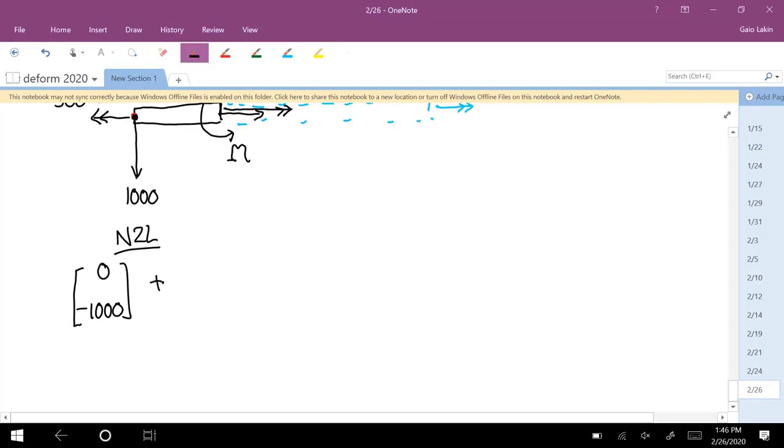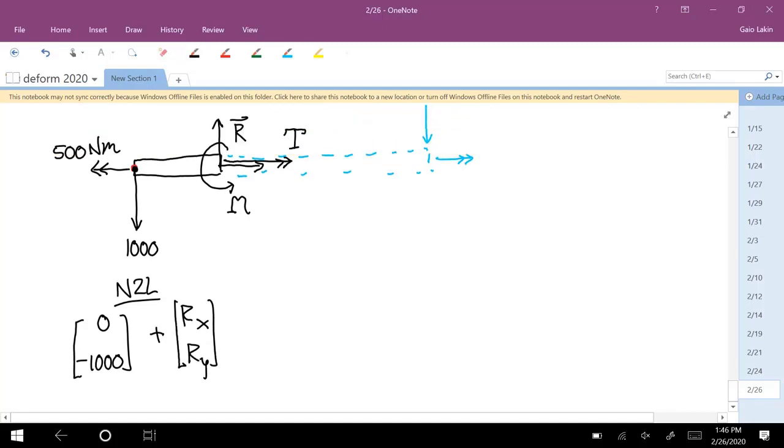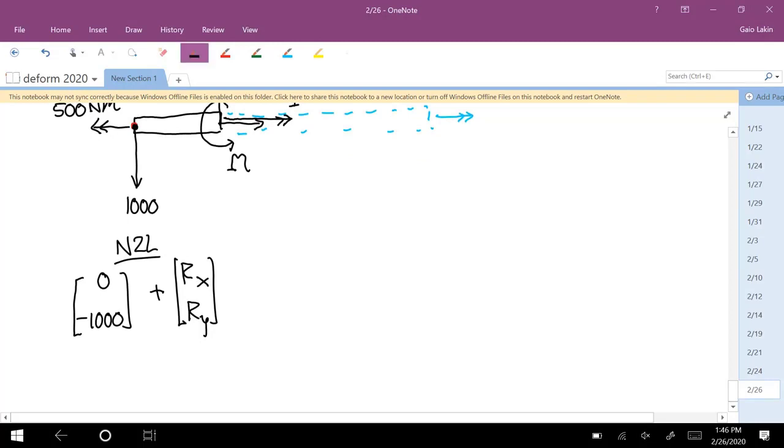And then we have Rx and Ry. Nothing else is a force. The other stuff was couples. So this is equal to 0. And so that internal load R is equal to 0, positive 1,000.